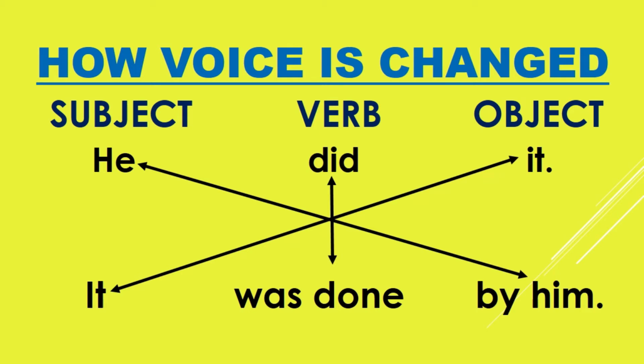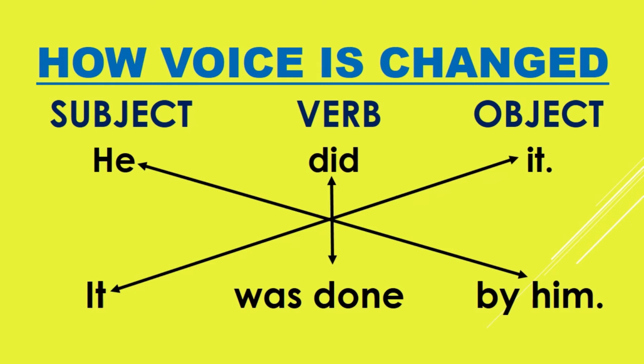So the sentence in the active voice is "He did it." When we come to the passive voice, it becomes "It was done by him." So this is the process of transforming a sentence from active voice into passive voice.